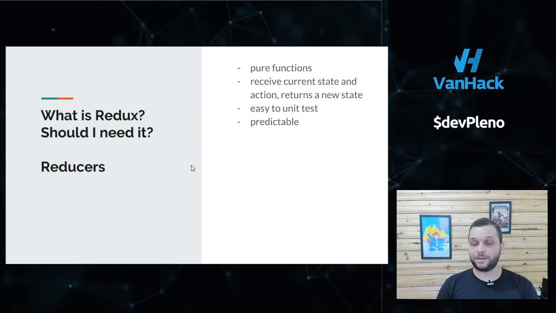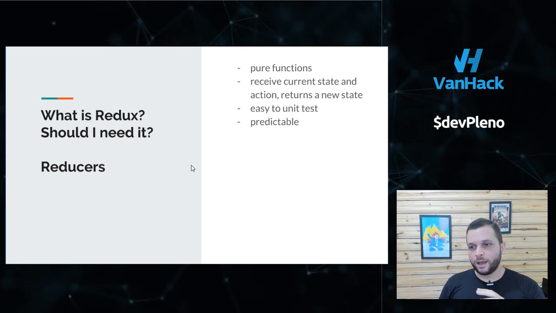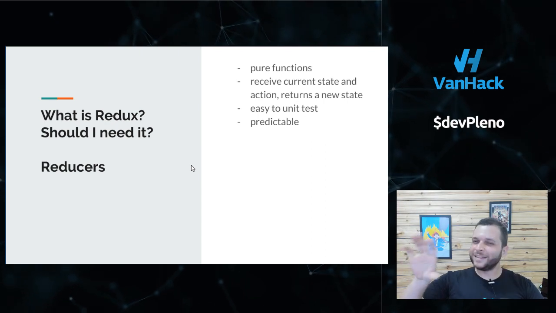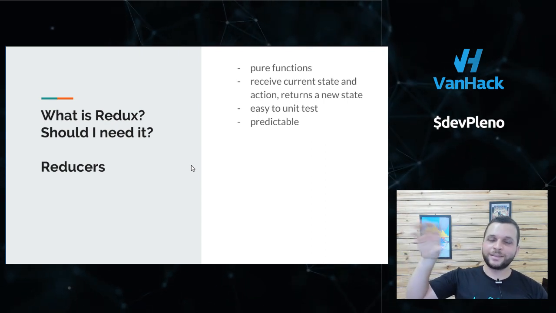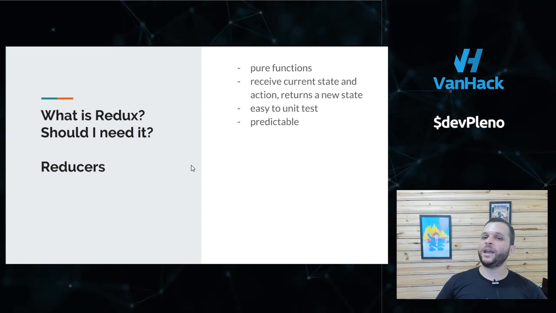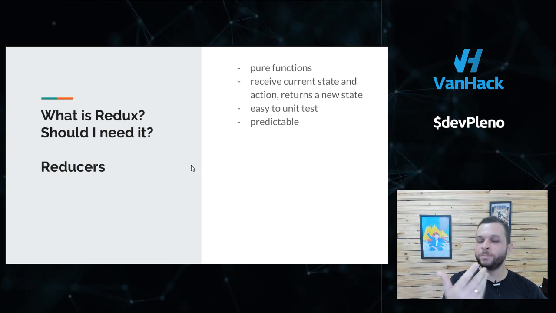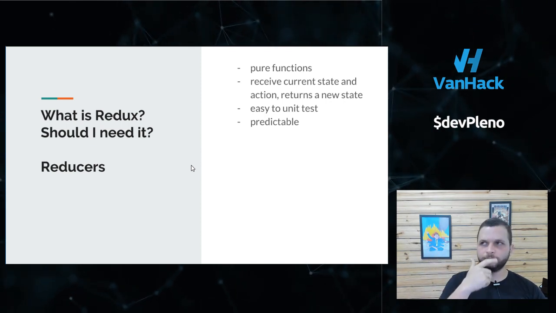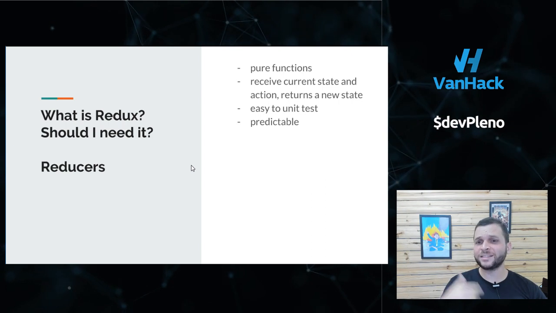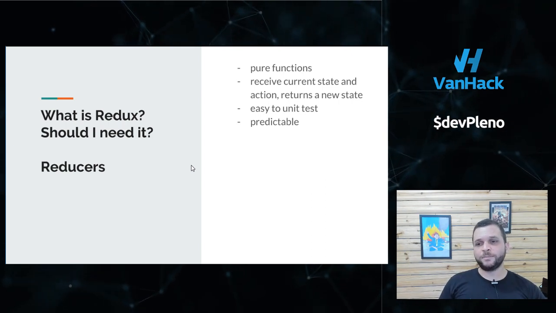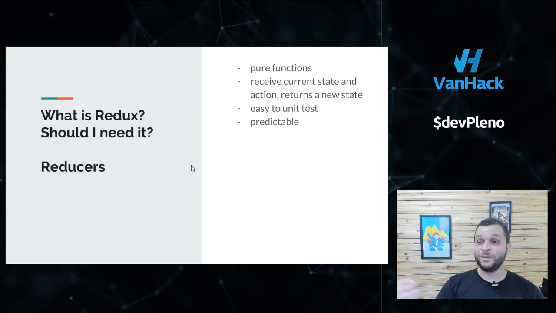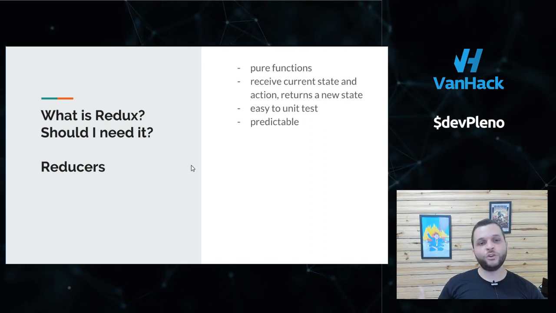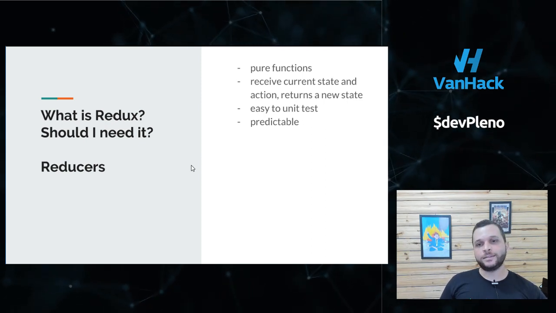So this is a pure function. Later I tried to get some videos from DevPlano. There we have some videos about pure functions, some about React, etc. Then I can bring to you some of these concepts from JavaScript that I use a lot inside React.